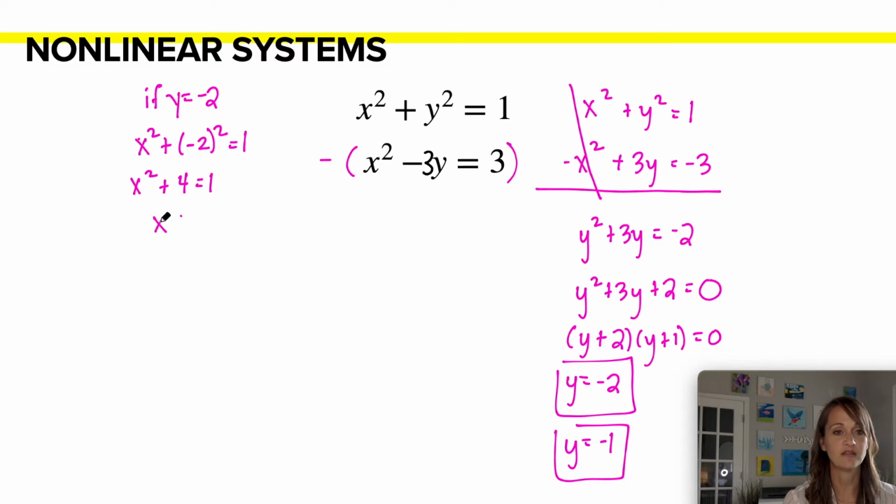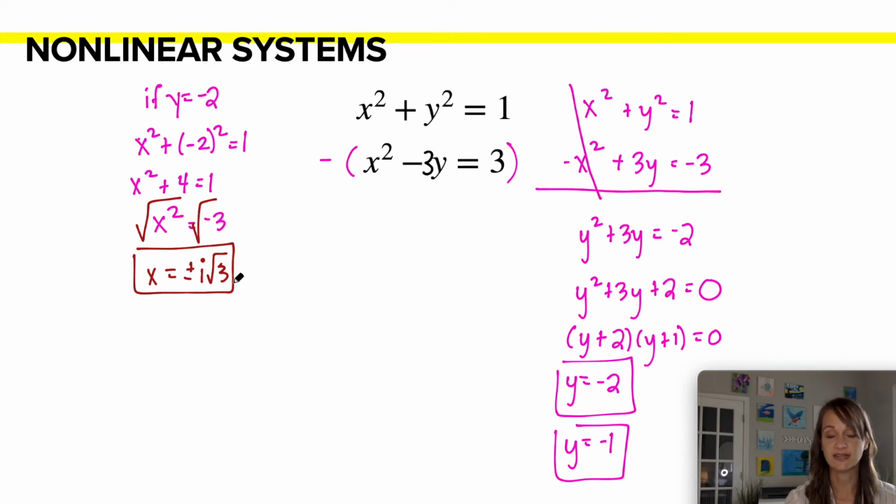I'm going to subtract 4, and I get negative 3. And at this point, I need to take the square root of both sides, and I'll get x equals plus or minus i times the square root of 3. Don't forget, a negative square root brings out an i. Now, that is if y equals negative 2. Now, let's suppose y equals negative 1.